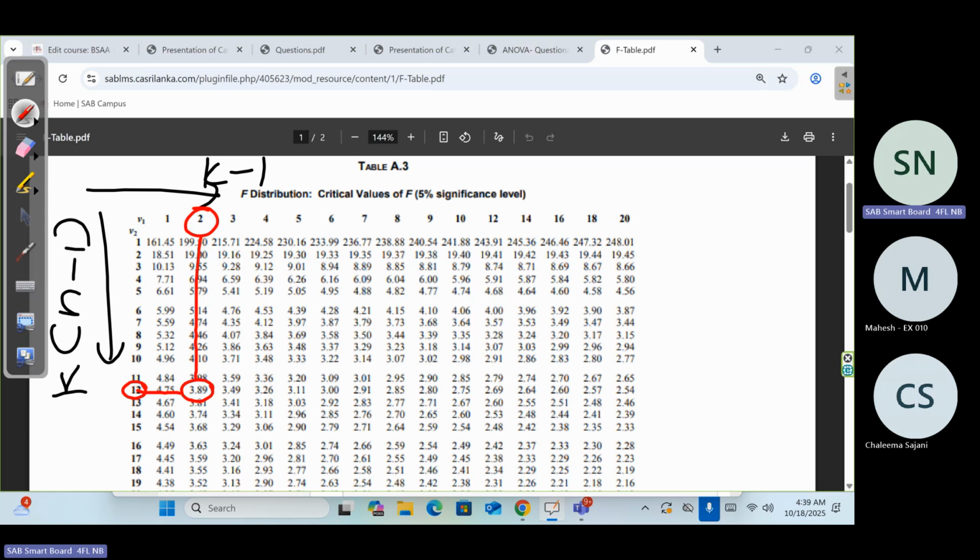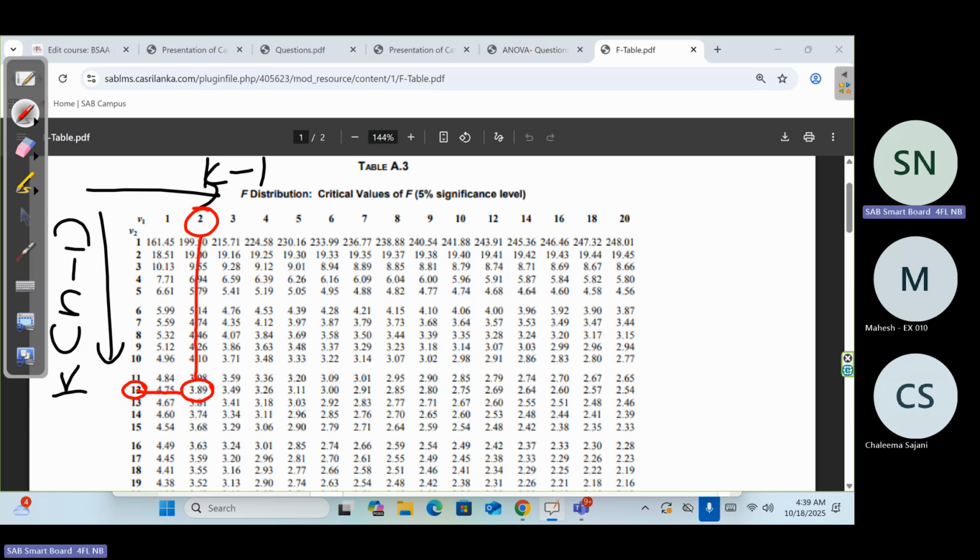Understood? It's clear? This is the way we can find the critical value. Okay? Then using the ANOVA table, we can find out the F statistic value. Previously we calculated the F statistic; I fill the table and the F value comes. Then if that value is greater than 3.89, that is the critical value, we reject the H naught. You need to memorize this decision too.